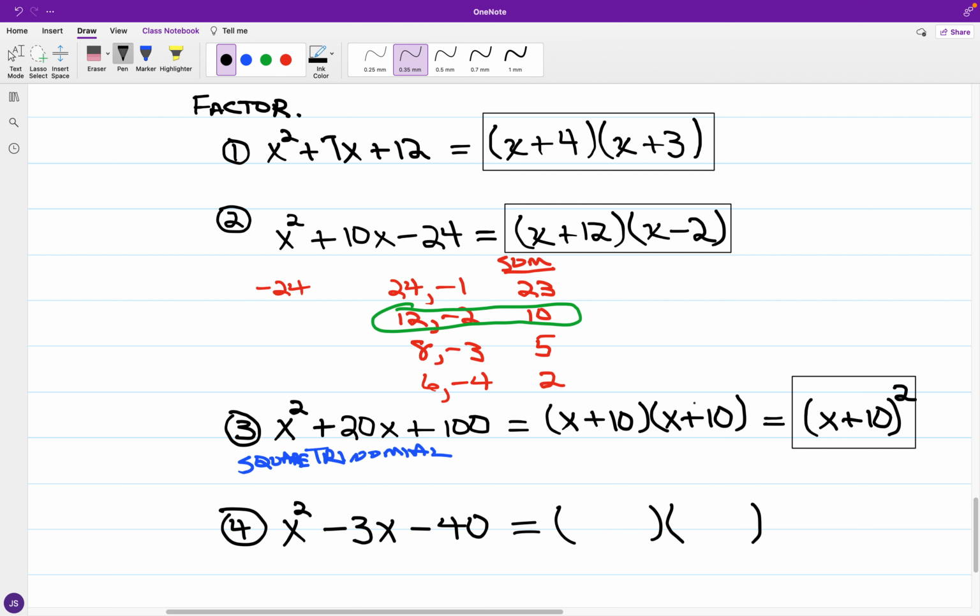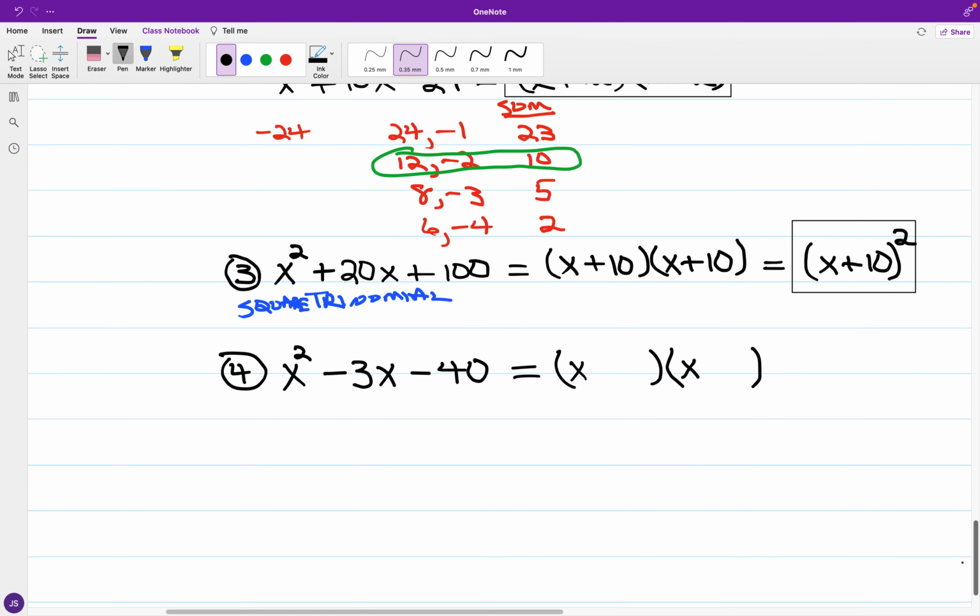In the case of x squared minus 3x minus 40, x squared factors out to x and x. For minus 40, we're looking at factors of negative 40 whose sum or difference will be negative 3. So more weight will be given to the subtraction than to the addition.